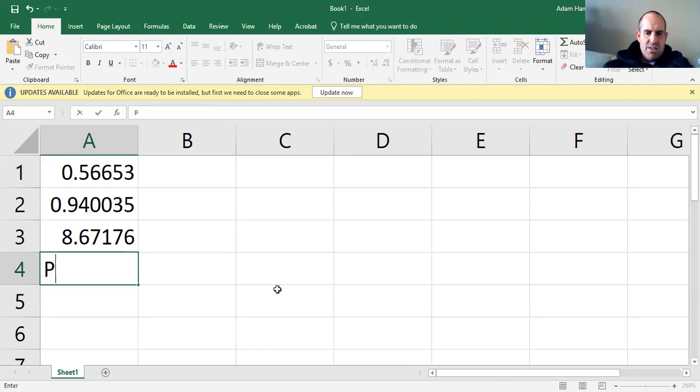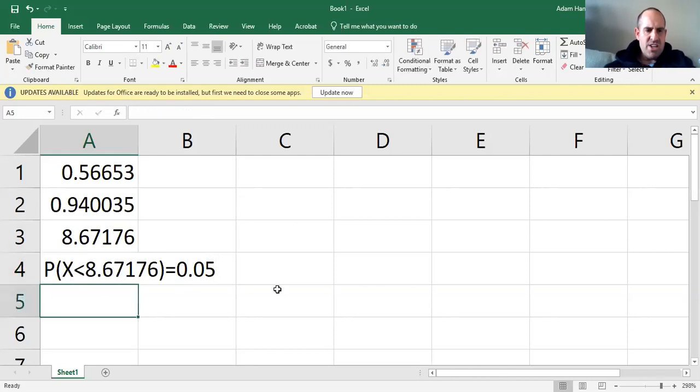Now watch this, just to make sure that this thing works. The probability that X is less than 8.67176 should be equal to 0.05, because the probability that X is beyond this is 95%. Let's check that out.